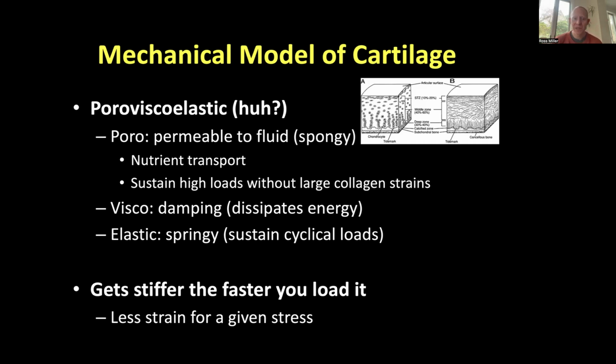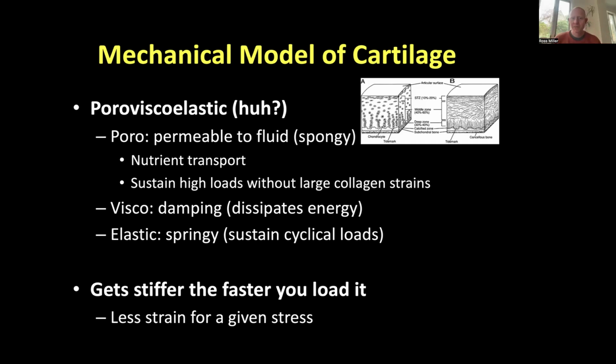This is good because, remember, cartilage undergoes nutrient transport. It doesn't have a direct connection to the circulatory system, meaning there's nothing pumping blood directly into cartilage, giving it its nutrients like many other materials in the body get. However, it is surrounded in this synovial fluid, which is rich in these nutrients.